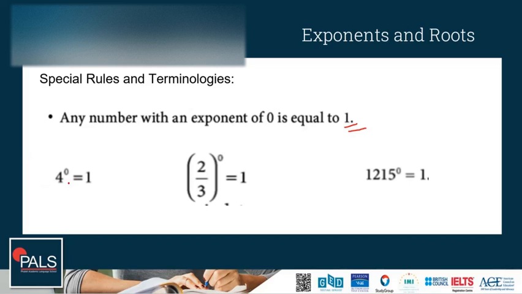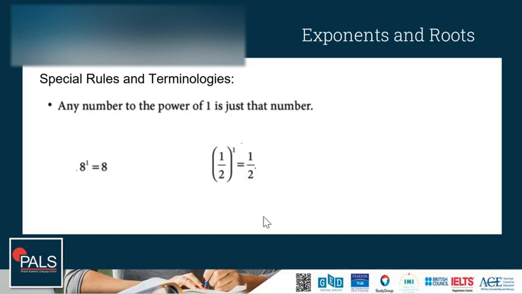So 4 to the power of 0 is equal to 1. 2/3 to the power of 0 is equal to 1. 1215, this is larger than the other two examples, but the exponent is the same, 0, still the value is equal to 1.